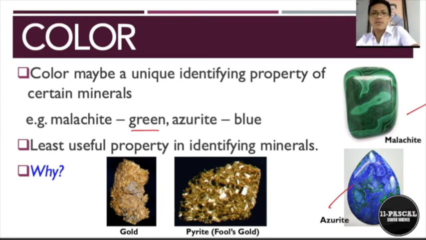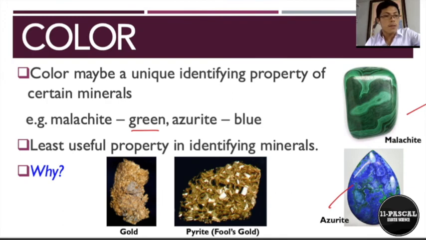Of course, this is the most obvious feature of a mineral, but often an unreliable or least useful property in identifying minerals. Why is it an unreliable diagnostic property in identifying minerals?